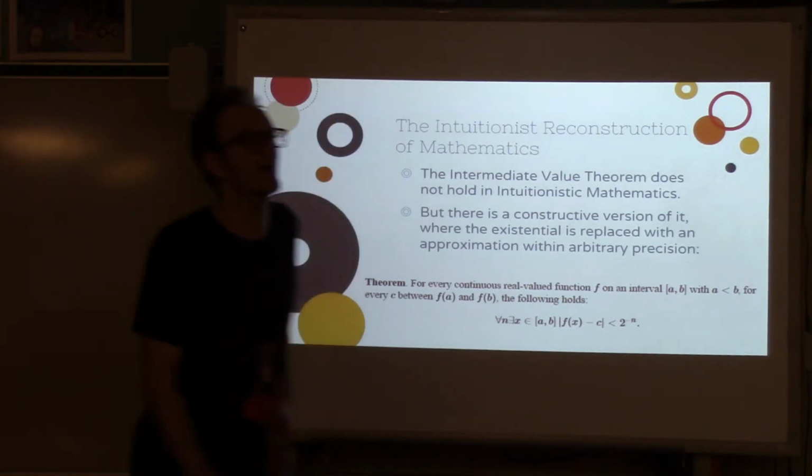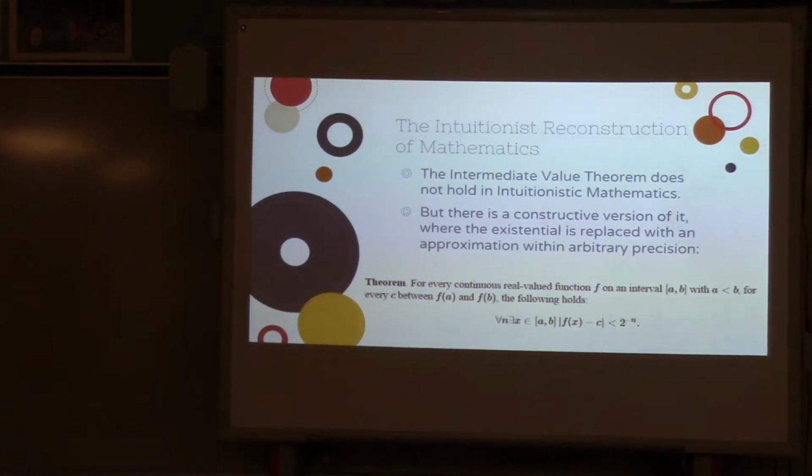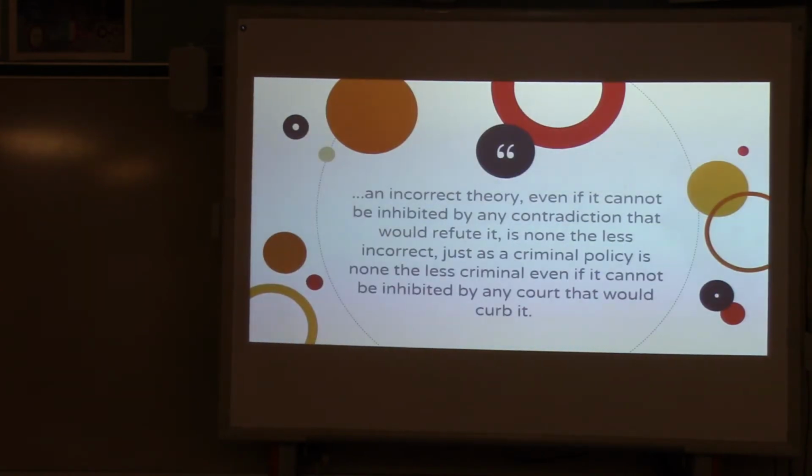So it's a kind of clunkier version of the intermediate value theorem. Without worrying about the details too much, instead of saying that there exists a point where the function equals that chosen intermediate y value, they say, well, you can get as close to it as you want, or something like that. Okay.